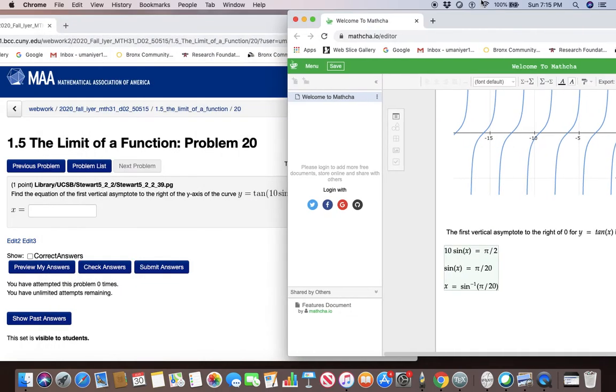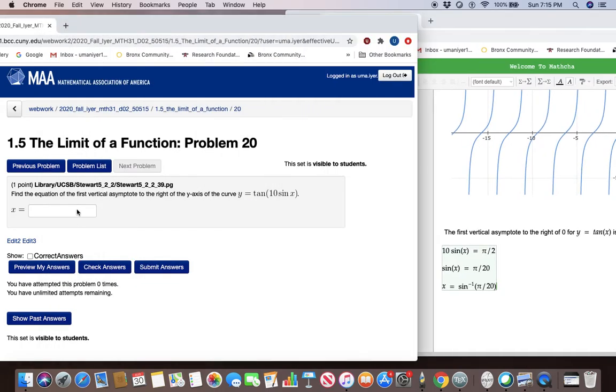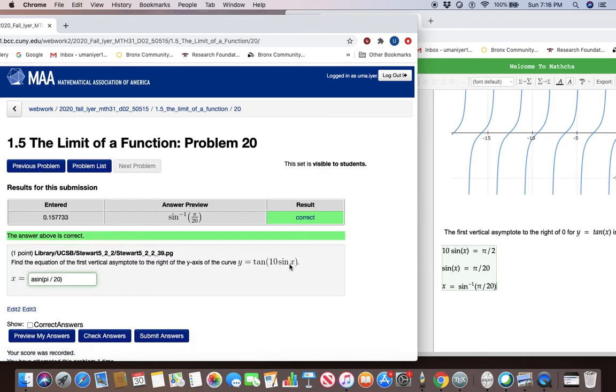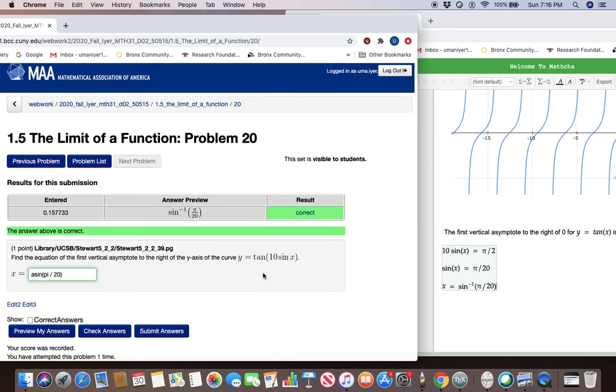That's what you want. So let's try: arc sine of pi over 20. I hope WebWork recognized arc sine. Yeah, it did. All right, so that's sine inverse.